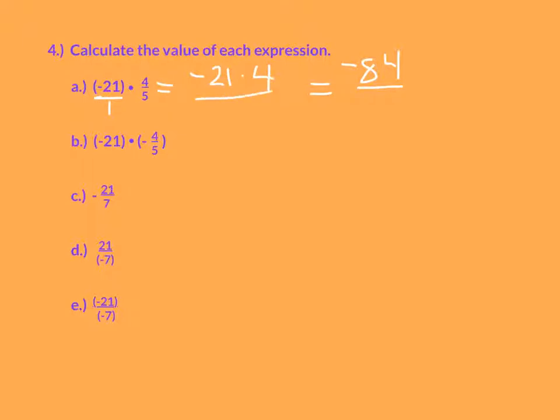And then down the bottom, I've got the bottom with the bottom, so that's 1 times 5, which is 5. Now, this is absolutely a correct answer, but that little tiny 5 is too little to hold up the big giant 84. How many times does 5 go into 84?